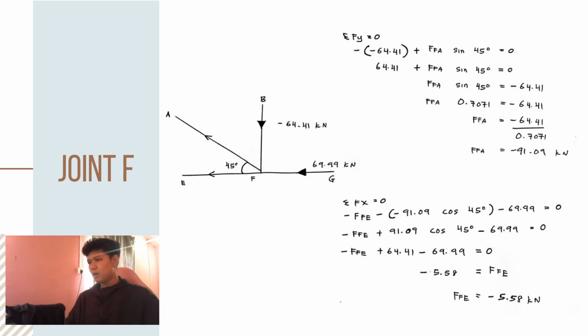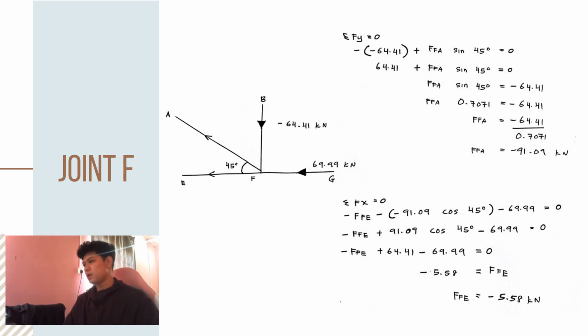At the y-axis we had negative 64.41 kilonewton and FFA sine 45 degree equal to 0. So we calculate and I get 64.41 plus FFA sine 45 equal to 0.